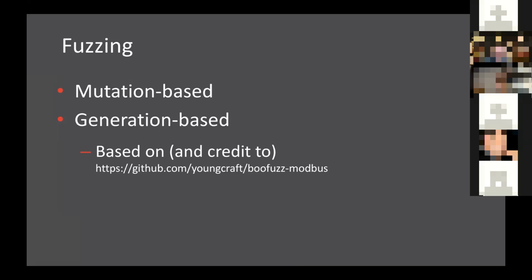There's also generation-based fuzzing, which is what we used, where you look at the specification and then generate test cases based off of that specification. We used BooFuzz, which is a fork of Sulley, which has been around for a number of years. We specifically based our initial testing off of Mr. Youngcraft's BooFuzz Modbus that he had on GitHub.